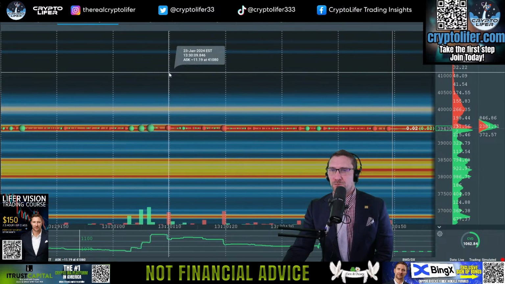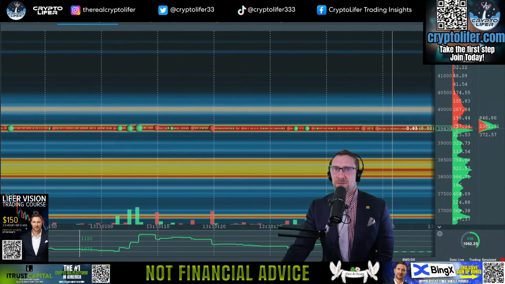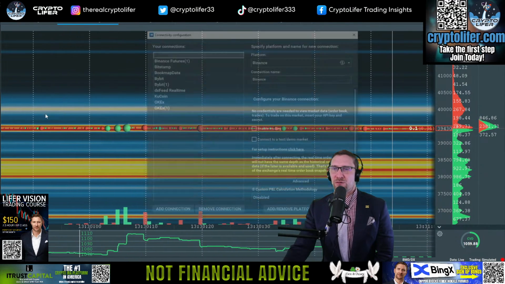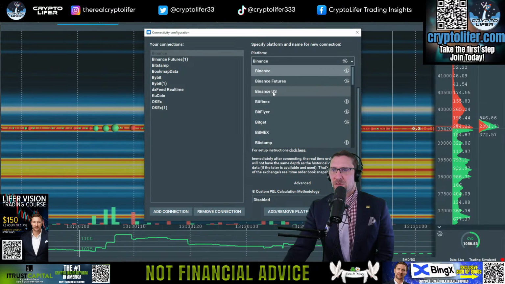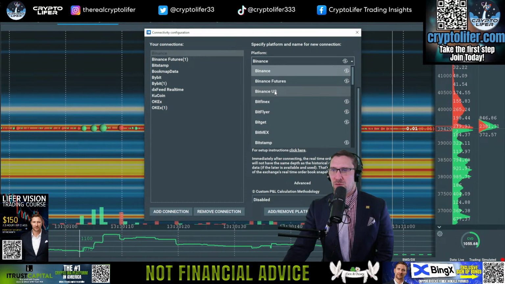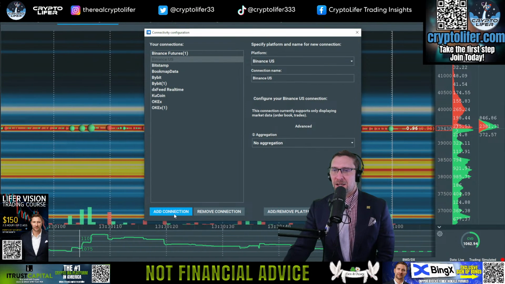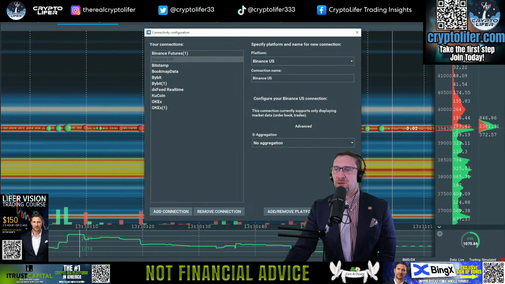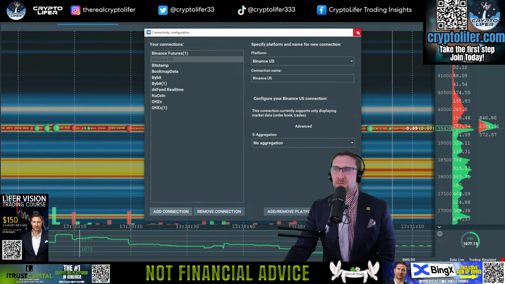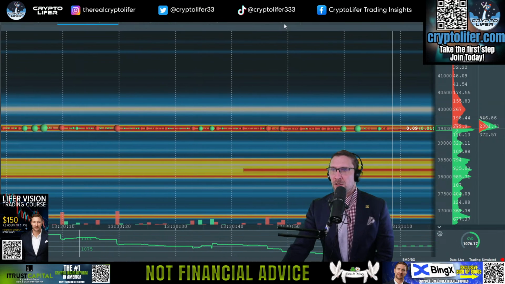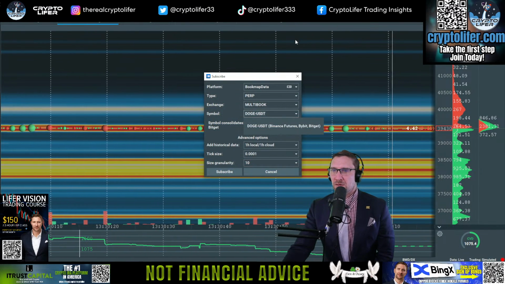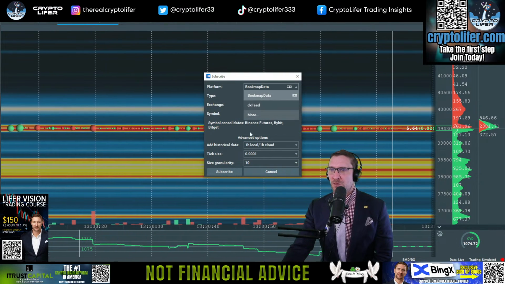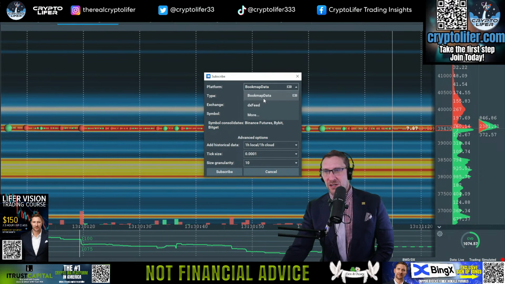So let's go through that again. You go to connections, you go to configure. You'll find it here, like Binance US. You'd hit add a connection, and it would add it here. Then you would hit OK. You then hit the plus sign, and when you go to platform, you would have that connection because you configured it.